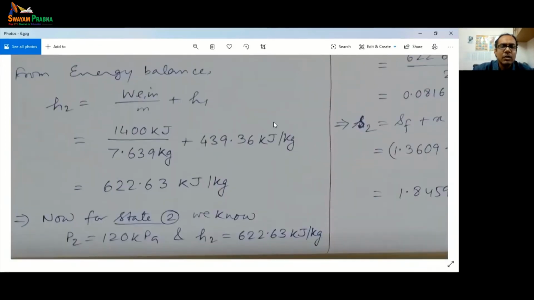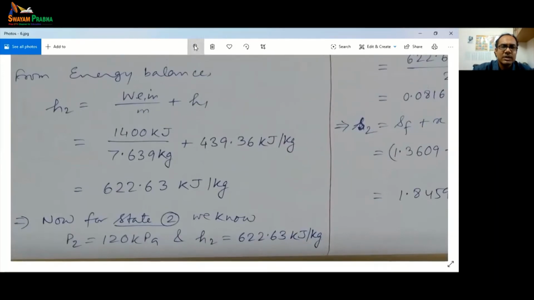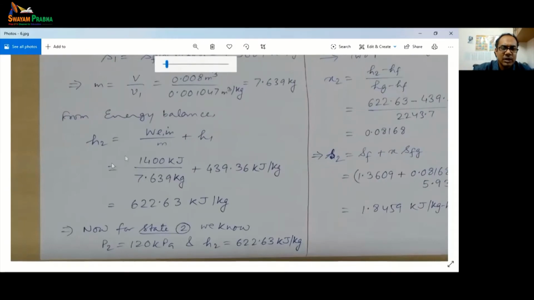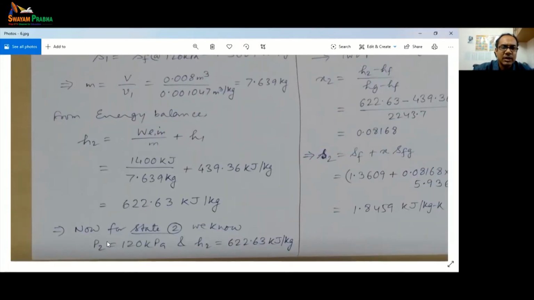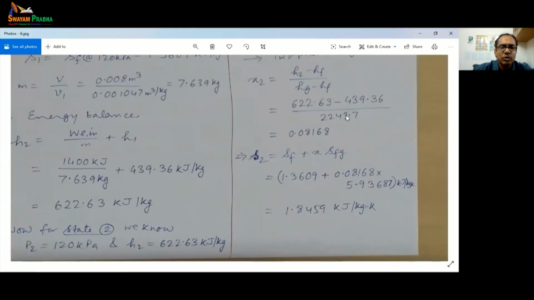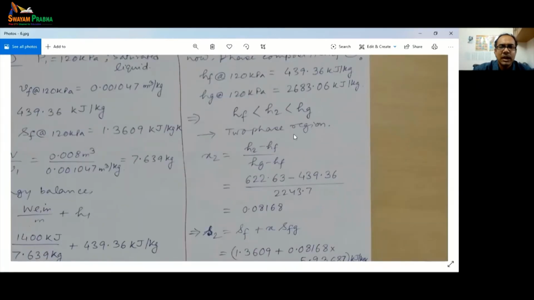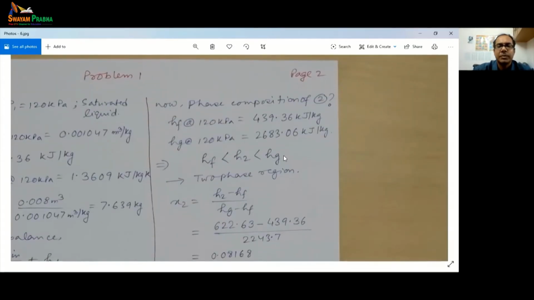Okay, so now what we know for state 2: we have just figured out the specific enthalpy of state 2, and it is also given that the pressure at state 2 is 120 kilopascal, so pressure is not changing. If that is the case, then we know two state properties and we will be able to find the other properties.